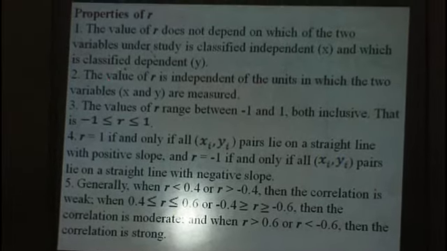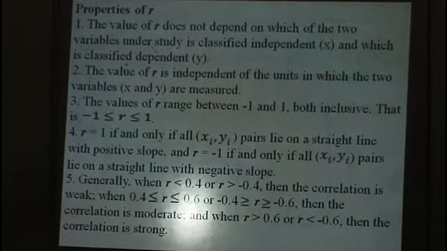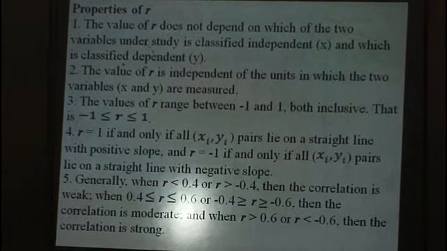Now let's come to the second property. The value of R is independent of the units in which the two variables are measured. What it means is that you can use correlation, the R, that's Pearson's movement product correlation coefficient, to measure the strength of the relationship between two different entities, that's entities of different units.